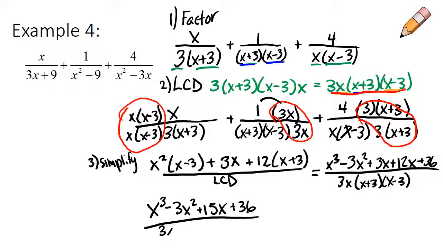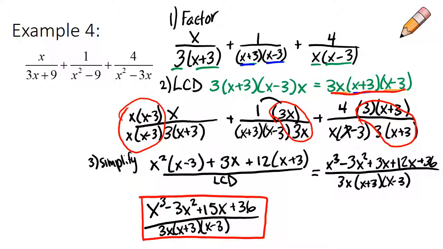All over that LCD. Now if I take a look, there are 4 terms in that numerator. If you can, try factoring to see if anything will divide out to 1. But in this case, if I try grouping, it doesn't work. So if I can't factor or simplify or reduce any more, that is my final solution.